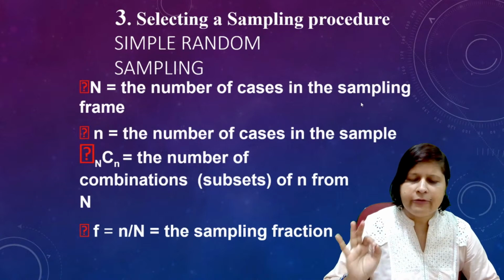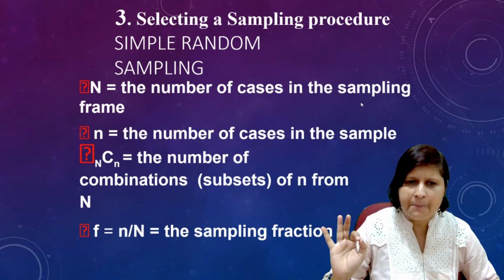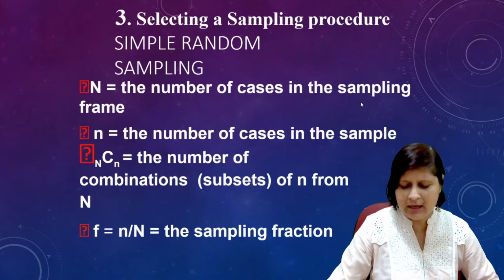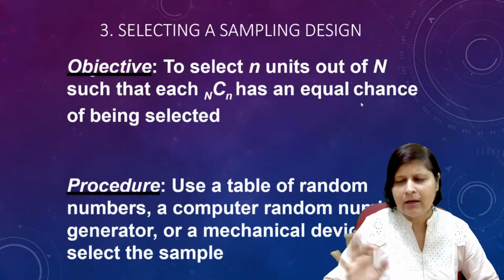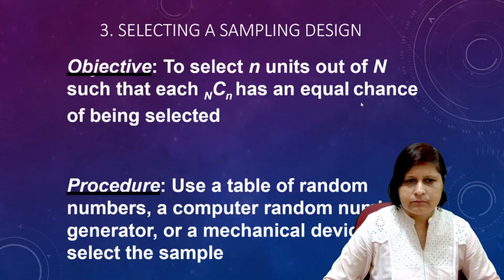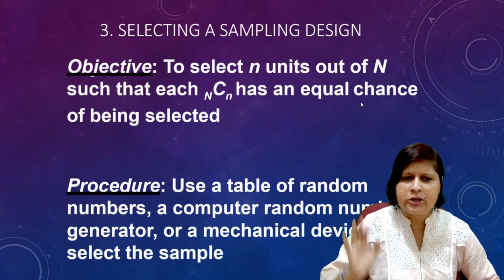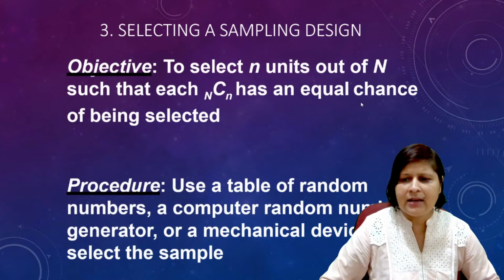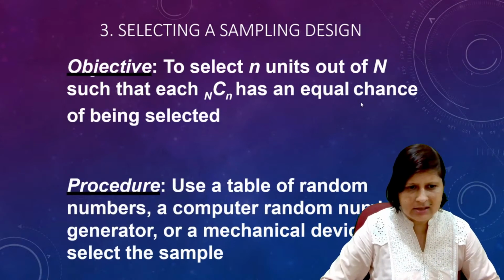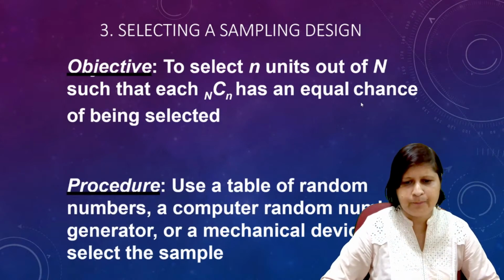So the sampling fraction is small n divided by capital N. This is the probability to select n units out of a population, such that all have equal chances of being selected. I hope now this is clear.